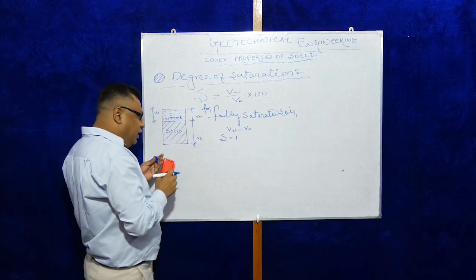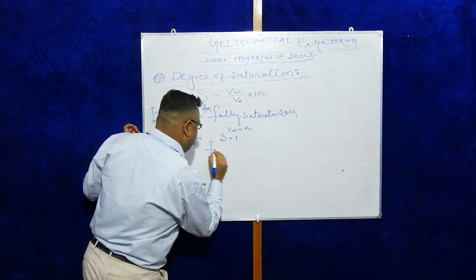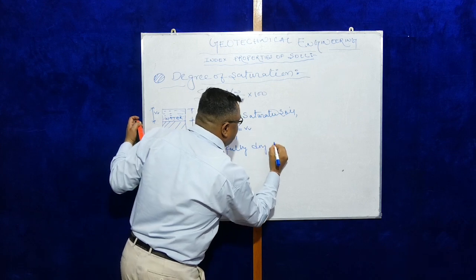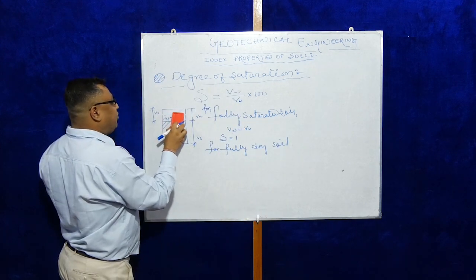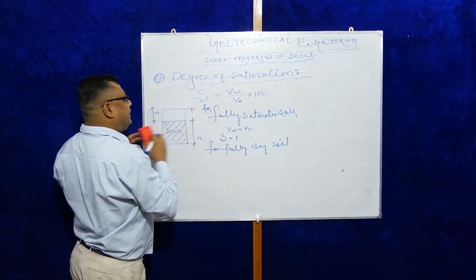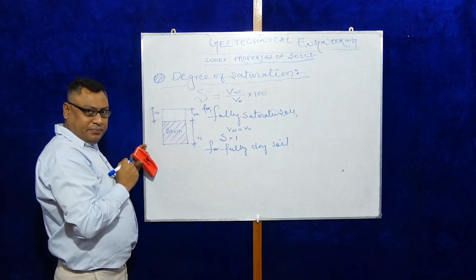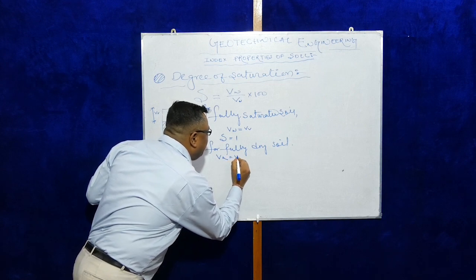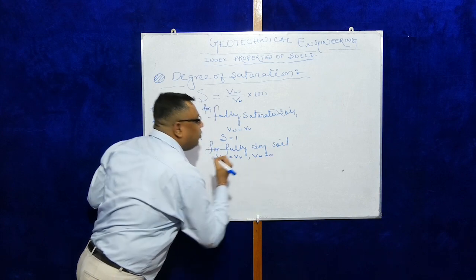Now, for fully dry soil, the void spaces are completely filled with air, means there is no water content. Therefore, VA is equal to VV and VW is equal to 0.